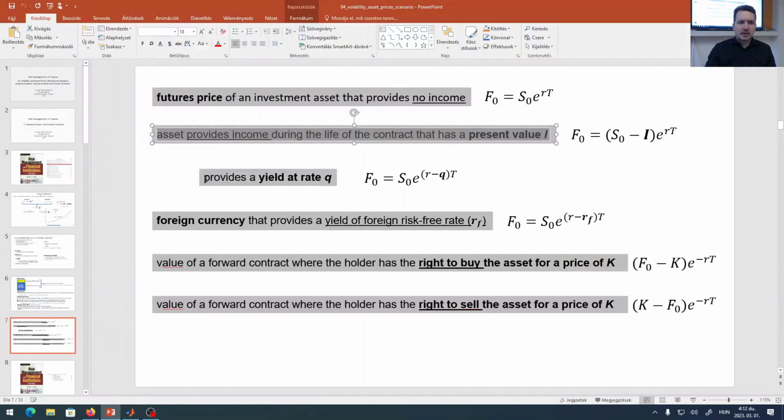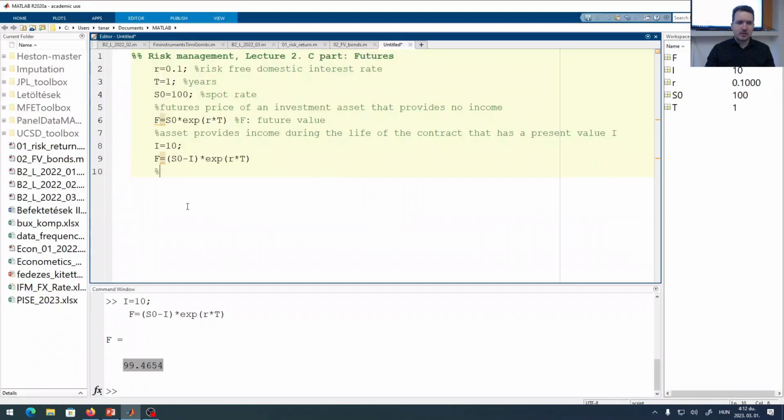If they are providing any kind of rate, then this must be compensated.